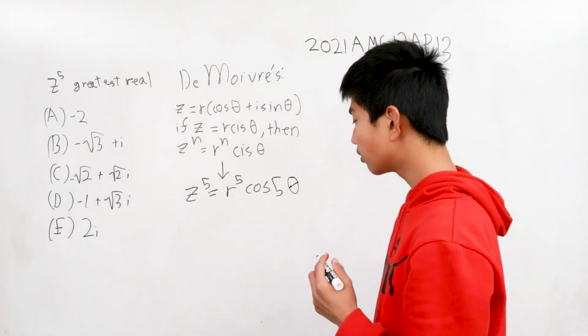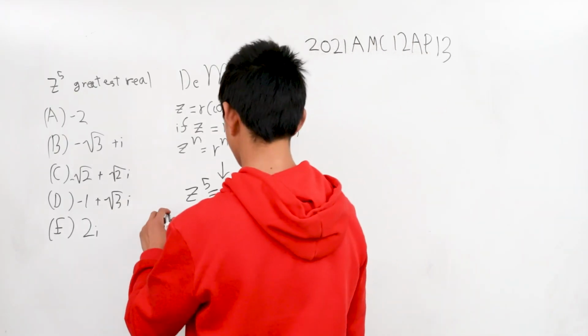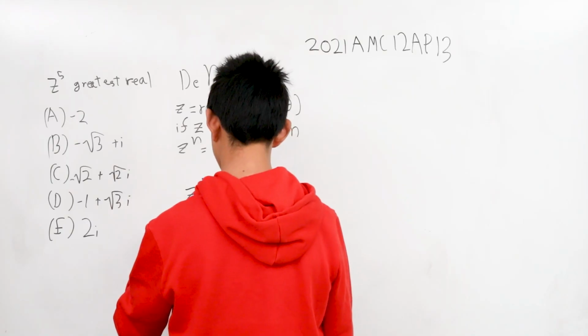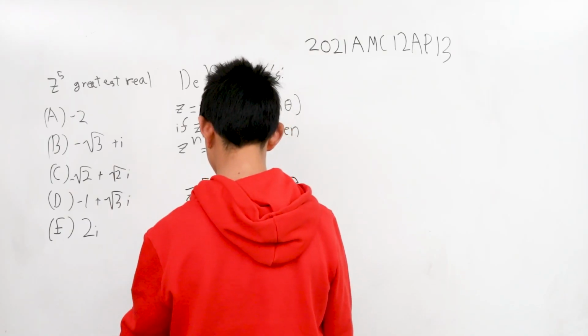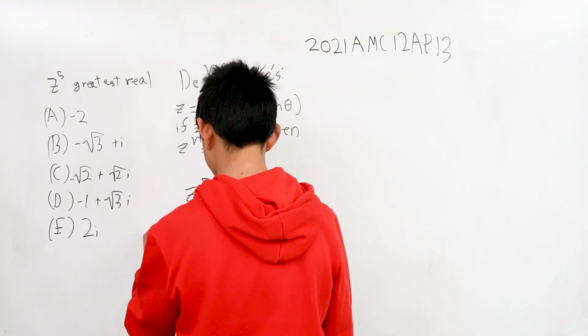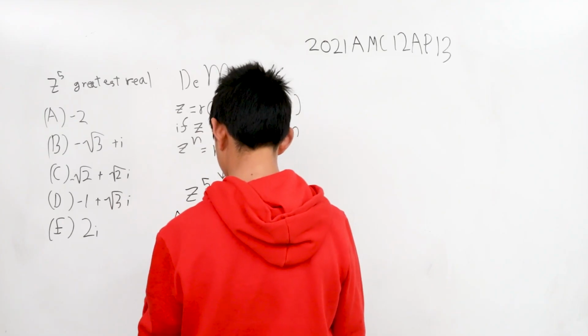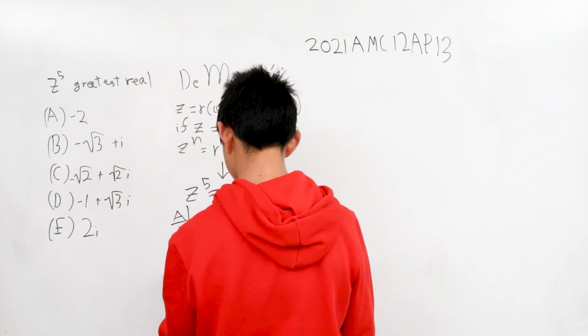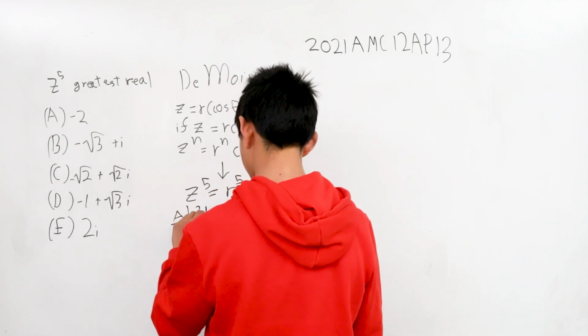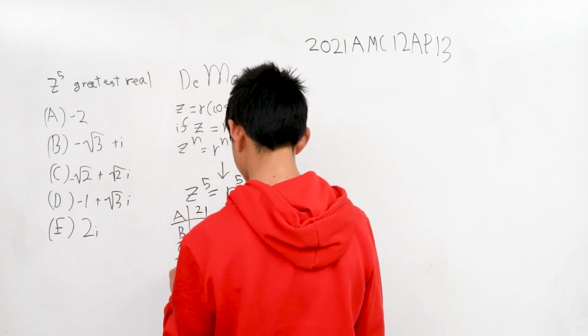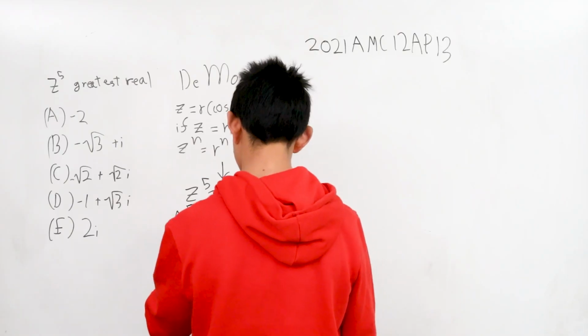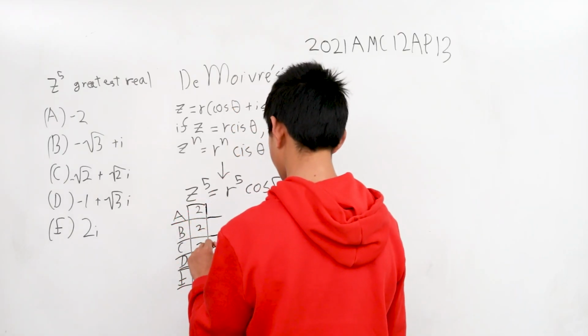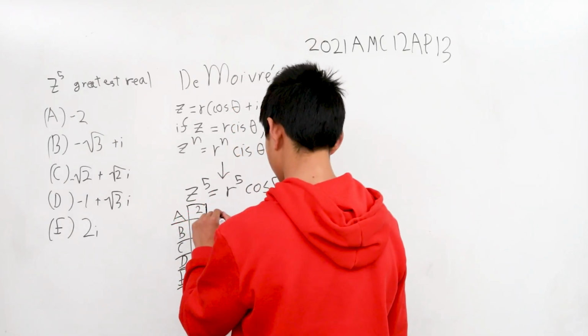So we can set up a chart for all answer choices A, B, C, D, and E, where the first column is r, all of which are 2, and our next column is the angle.